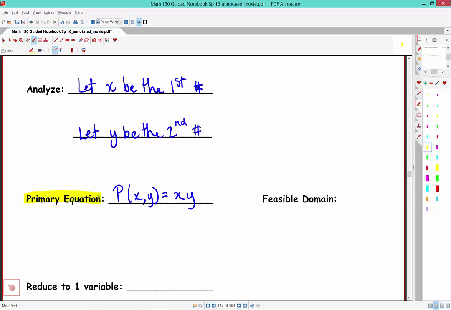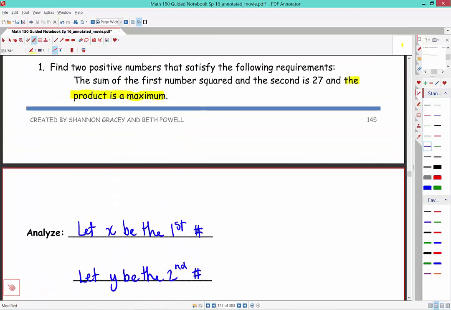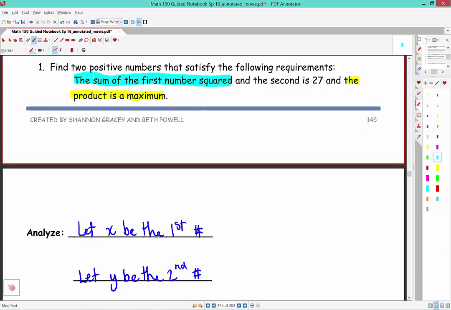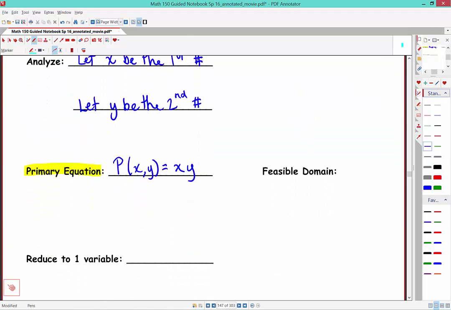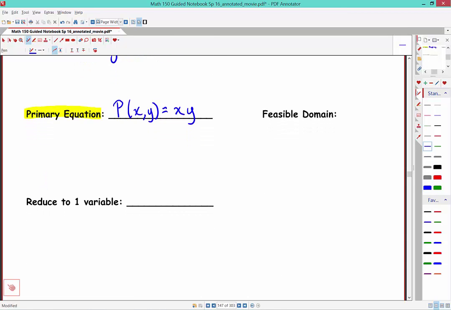That helped with our primary equation. Now, in order to reduce to one variable, let's check out what we had. Some secondary information would be the sum of the first number squared and the second is 27. So let's write that in. The sum, so there's a plus sign, of the first number squared and the second is 27.